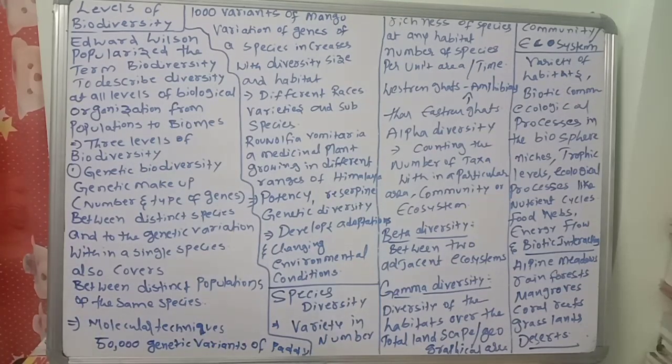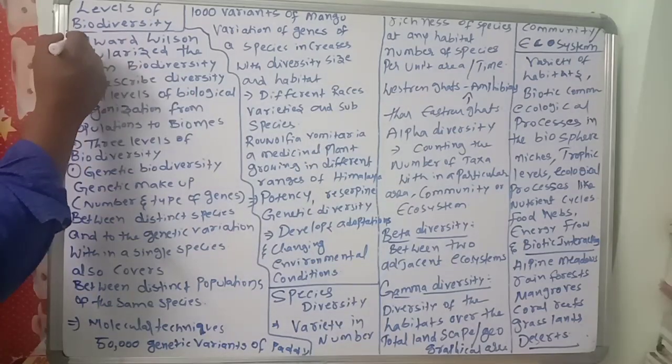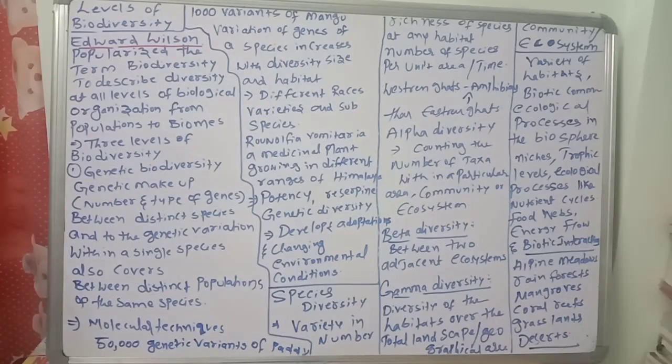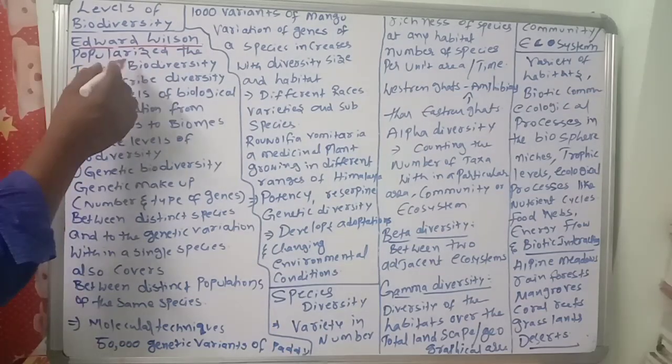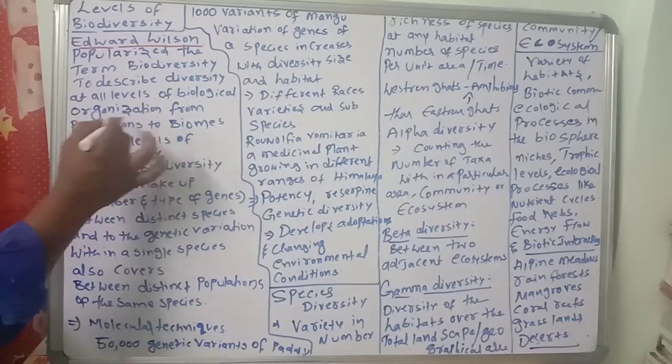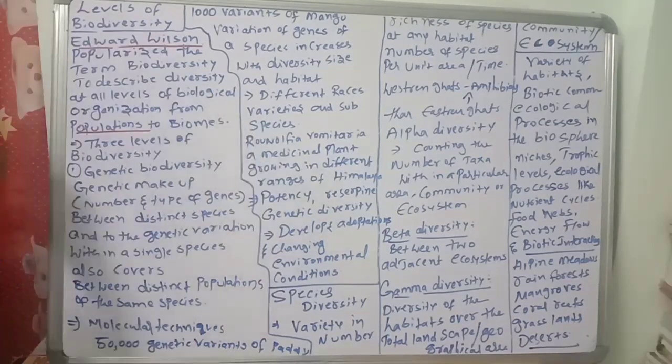In the last class itself, I told about the levels of biodiversity. In that, Edward Wilson, one of the great scientists, popularized the term biodiversity to describe diversity at all levels of biological organization, from populations to biomes.